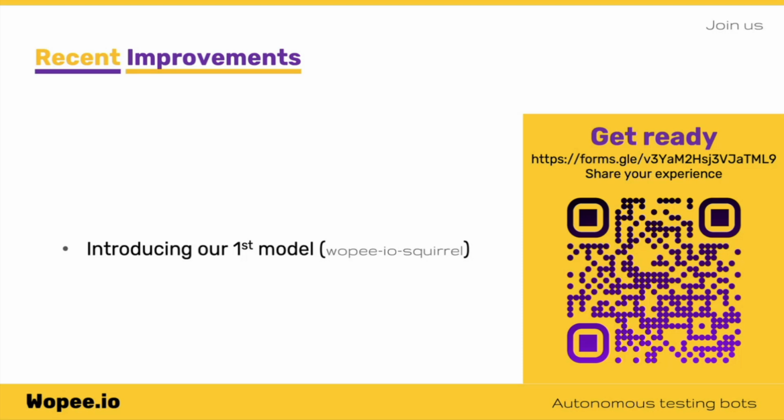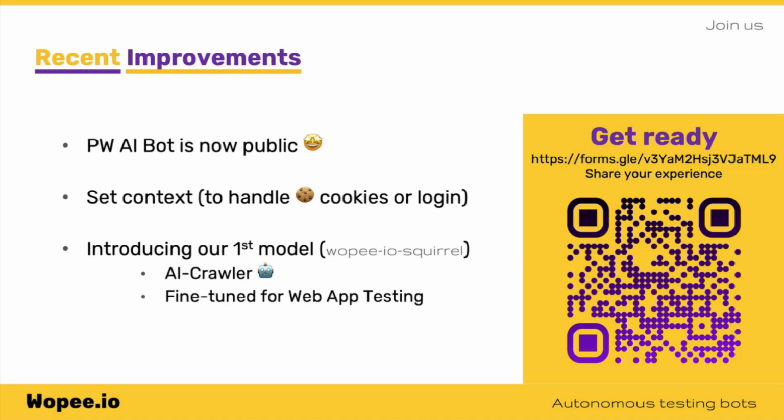So first, what we are introducing, I'll just quickly go through this broken animation. It looks like I didn't set it up properly. So the first one is, as I said, this Playwright AI Bot is already public, so you can use it easily.